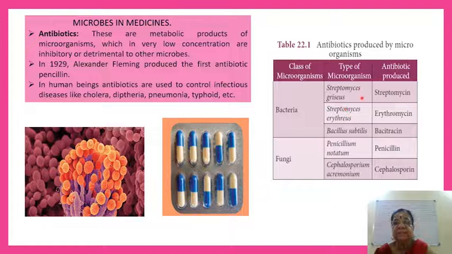So this is the table you have to understand and learn with the examples: what are the microbes used for preparing what type of antibiotics. I hope you understand. So these are microbes in medicine.